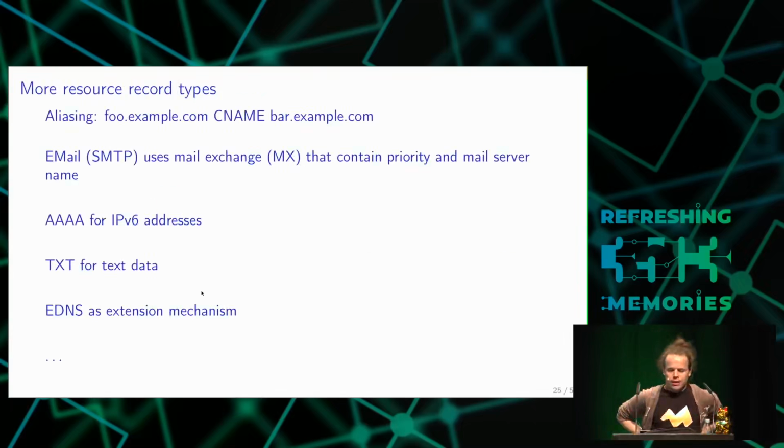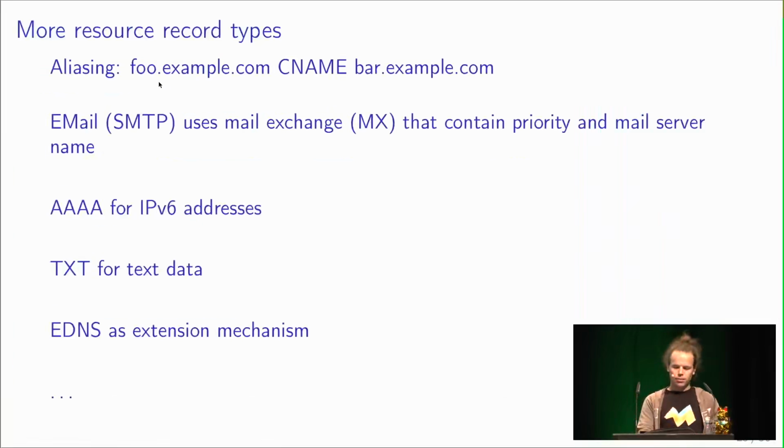The resource record types I just showed you, the three, are not a complete list. There are many more. Some useful ones which I use quite a lot are, for example, a way to introduce aliases. So if foo.example.com should always redirect to bar.example.com, we can use a so-called CNAME or canonical name resource record.